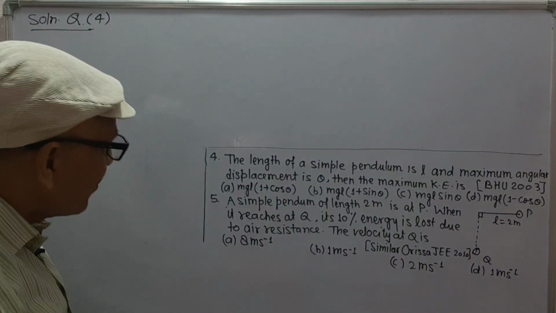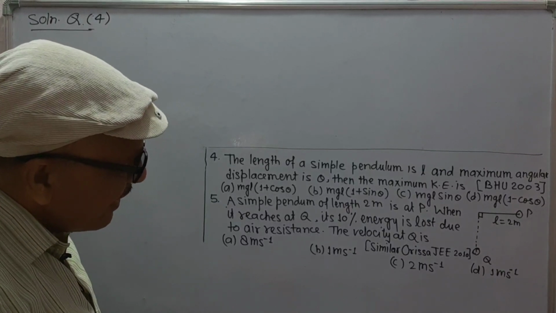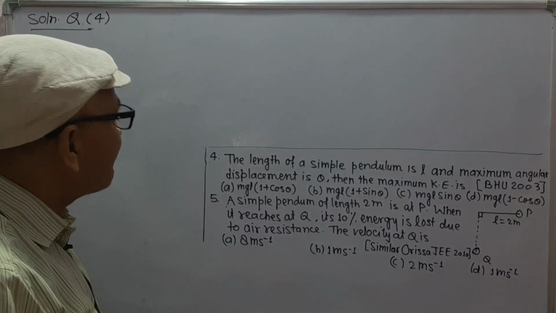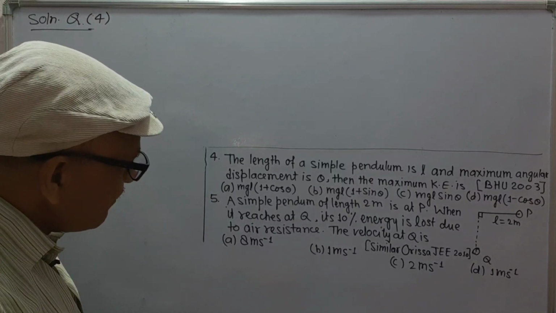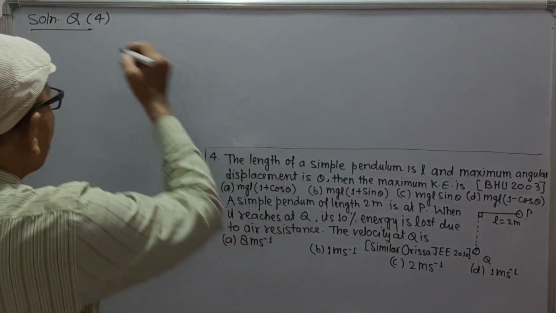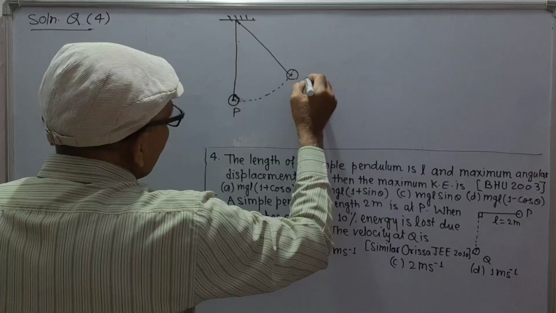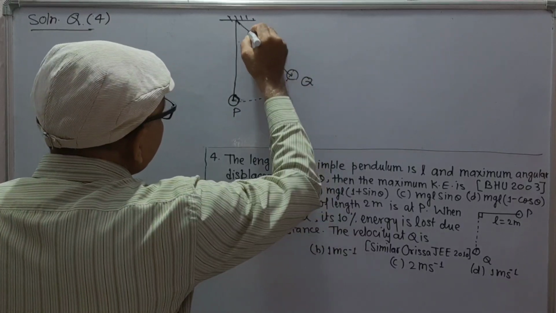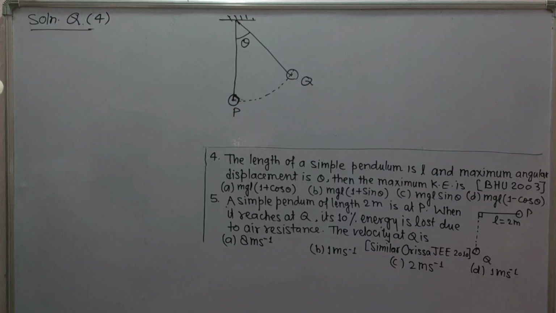Now, question number 4. The question is, the length of a simple pendulum is L and maximum angular displacement is theta. Then the maximum kinetic energy is. Now, solution to question 4. Suppose P is mean position and Q is displaced position, theta is angular displacement.